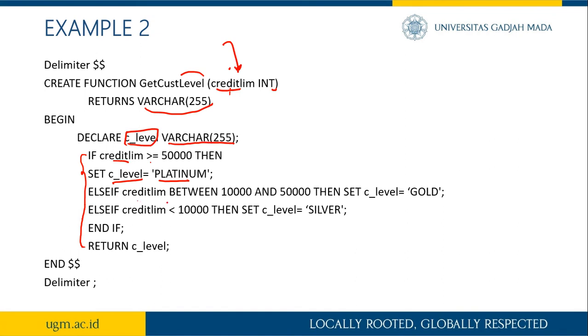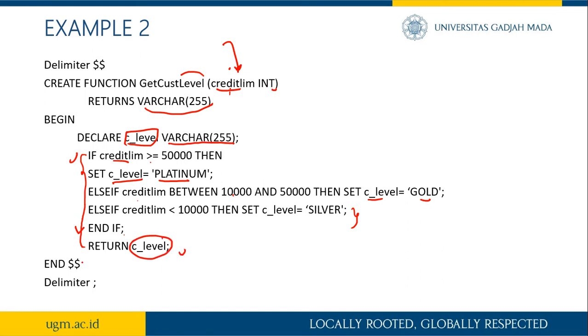Else if the credit limit is between 10,000 and 50,000, then set the customer level to gold, and so on. It starts with an if and ends with an end if, and then return the customer level.